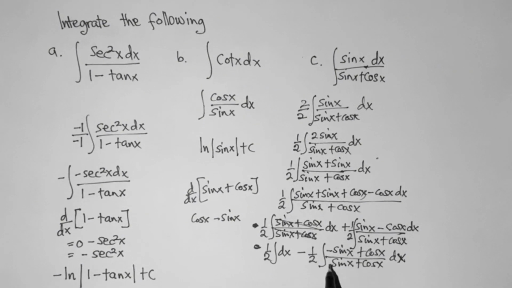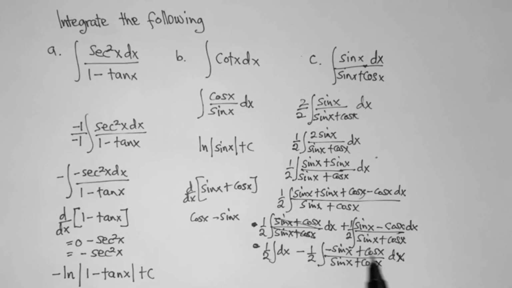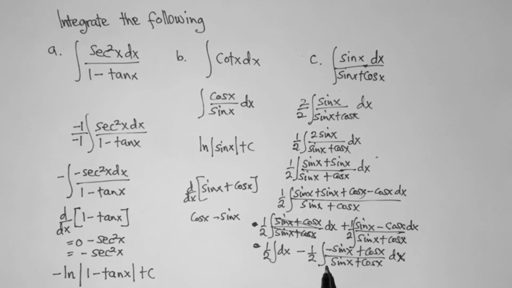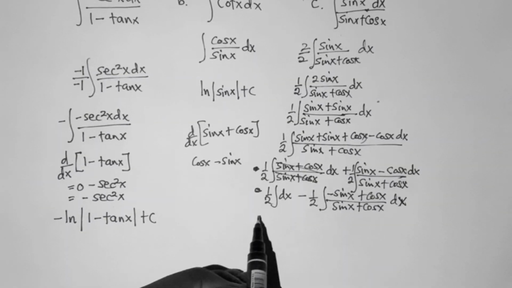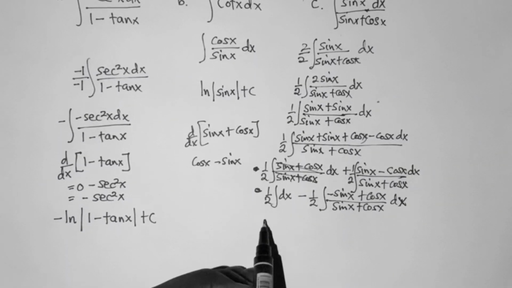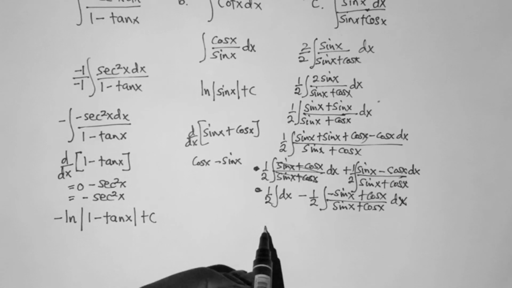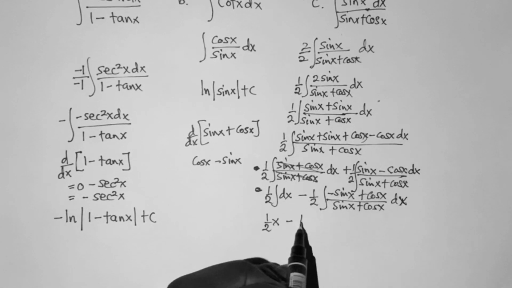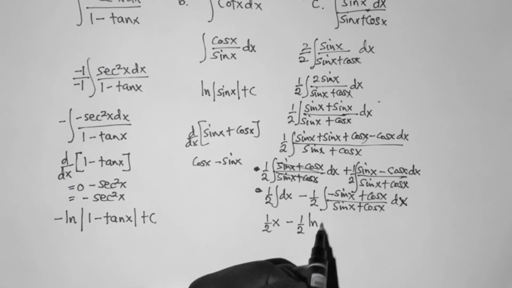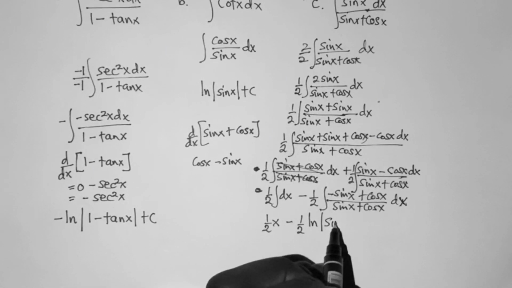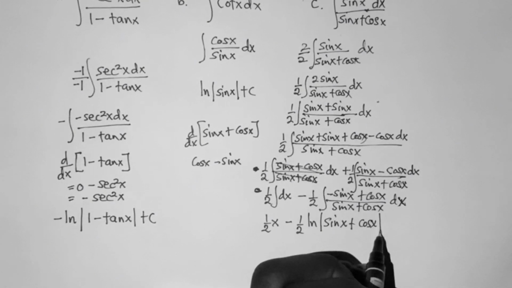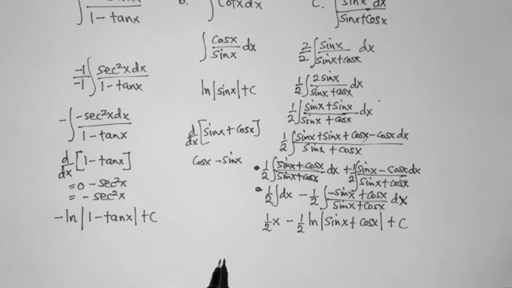When we differentiate sine x, we get cos x, and when we differentiate cos x, we get minus sine x. So we can now use the natural log. So if we integrate half dx, we get half x minus half the natural log of the absolute value of sine x plus cos x, plus the constant of integration c.